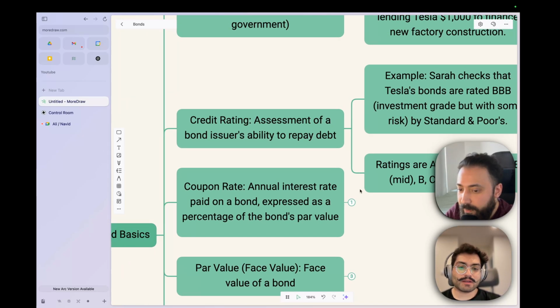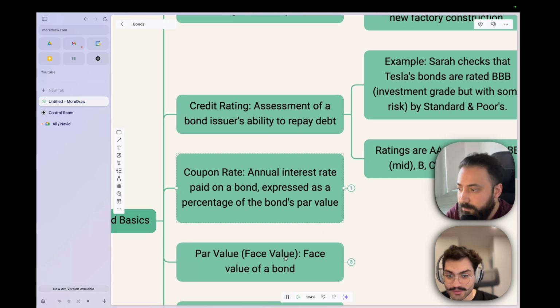So then, like how you get credit from a bank and there is an interest rate, you're lending money to a company or government, so there is an interest rate for that bond. It's called the coupon rate. The coupon rate is the annual interest rate paid on the bond, and it's based on a percentage of the bond's par value.